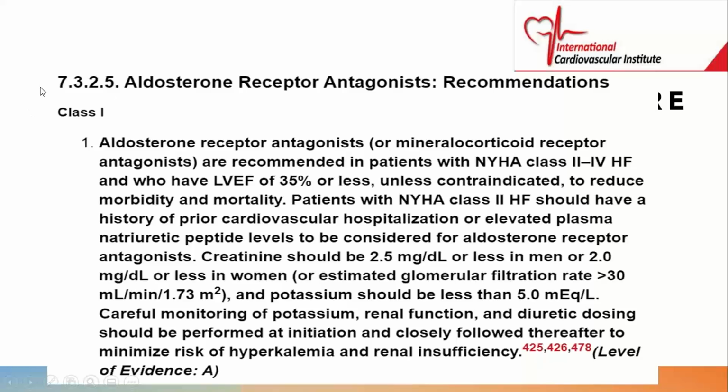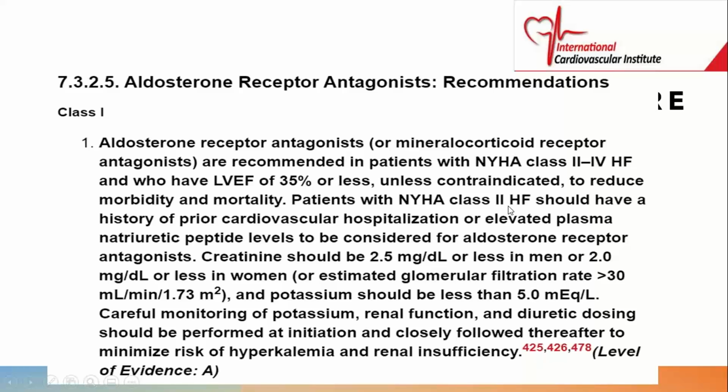People doing exams, class 1 indication: aldosterone receptor antagonists or mineralocorticoid receptor antagonists are recommended in patients with New York Heart Association class 2 to 4 heart failure who have an ejection fraction of 35% or less, unless it's contraindicated. It reduces morbidity and mortality. Okay, class 1 indication. EF 35 or less, they should be on aldosterone receptor antagonists.